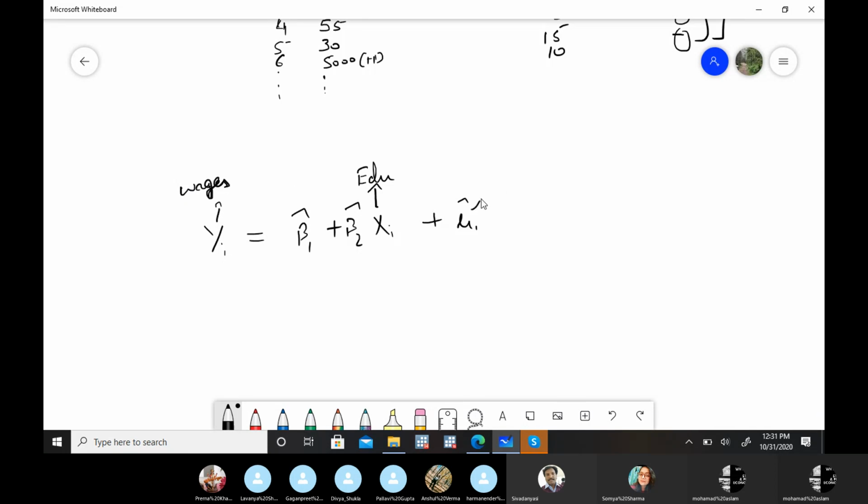Now the residual unknown factor. Just think of the maximum variables on which wages can depend.